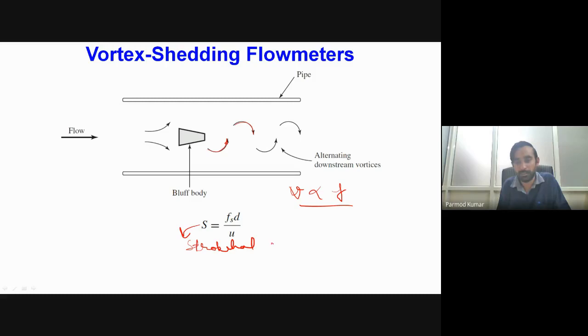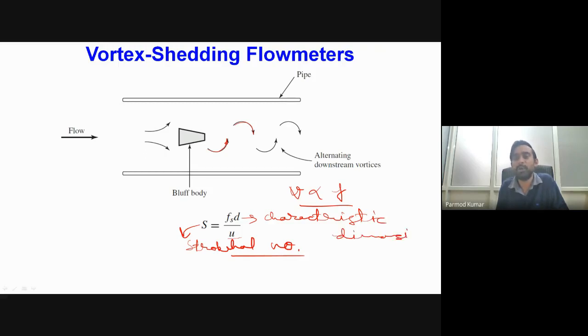So this particular non-dimensional parameter relates the frequency of the vortex shedding with the velocity. So you can see that the definition of Strouhal number is nothing but equal to Fs times d divided by u, where this d refers to the characteristic dimension of this bluff body.